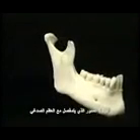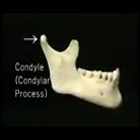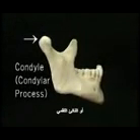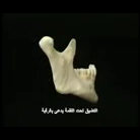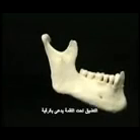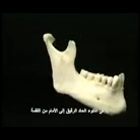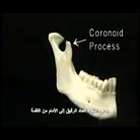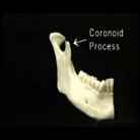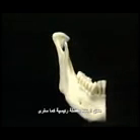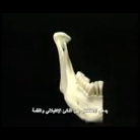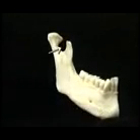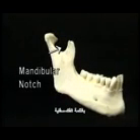The rounded projection that articulates with the temporal bone is the condyle or condylar process. The narrowing below the condyle is the neck. The sharp, slender projection in front of the condyle is the coronoid process, a major muscle attachment, as we'll see. The dip between the coronoid process and the condyle is the mandibular notch.